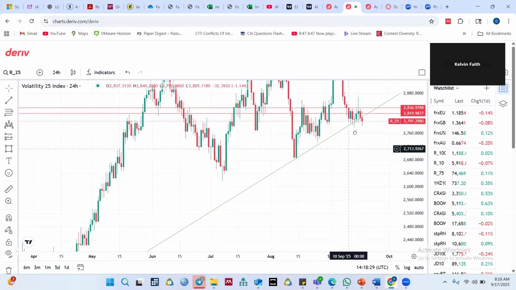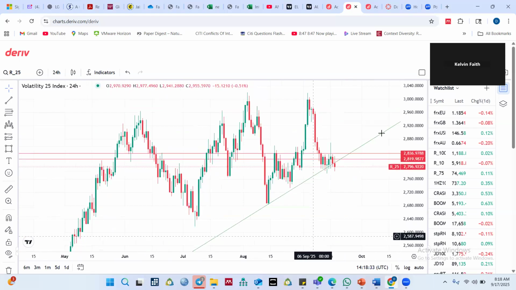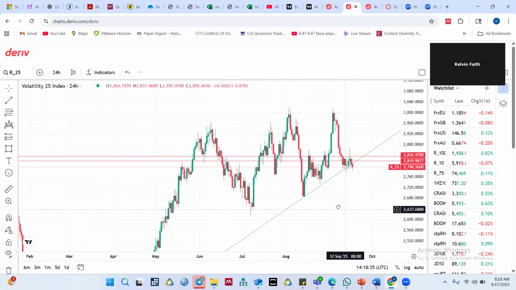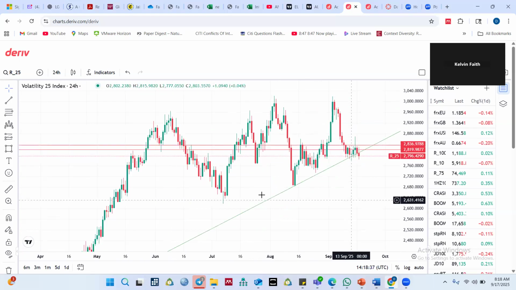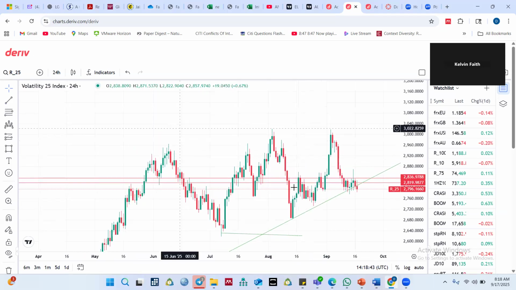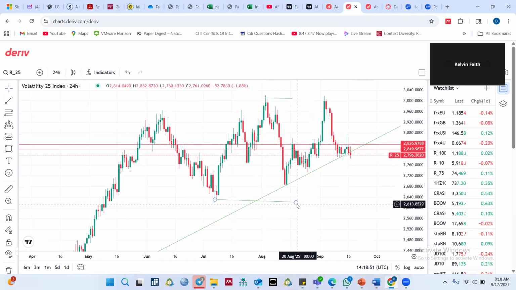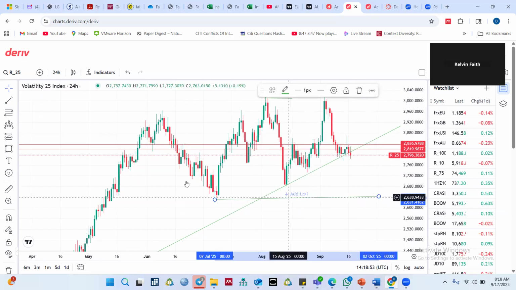The other thing is, what is the last swing low on this daily chart? The last low that gave a high is here. That low gave this high, and it has not been taken out.